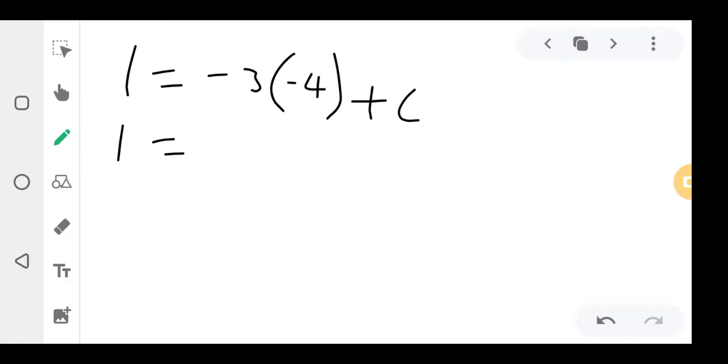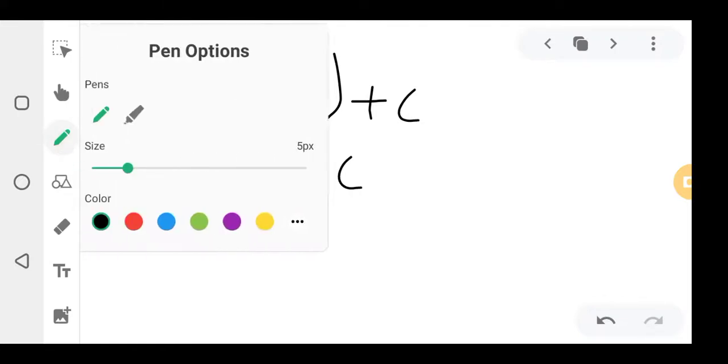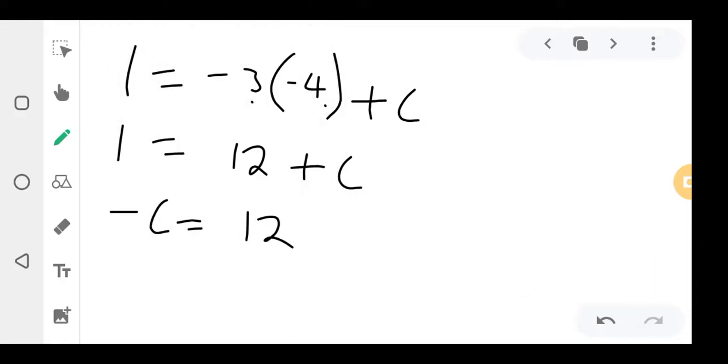So 1 is equal to negative 3 times negative 4, it is 12 plus c, because these two negatives will make a positive. So c will cross the equal sign. All the letters are on the left hand side to become negative. What will remain this side is 12. And then 1 here will go this side to cross it to become negative 1, because it's positive 1, it goes this side, becomes negative 1.